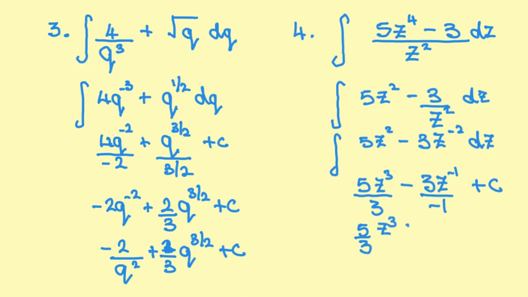A minus and a minus make a plus, 3z to the minus 1 plus c. If you want to take the minus 1 to the bottom, we would be left with 5 over 3 z cubed plus 3 over z plus c.